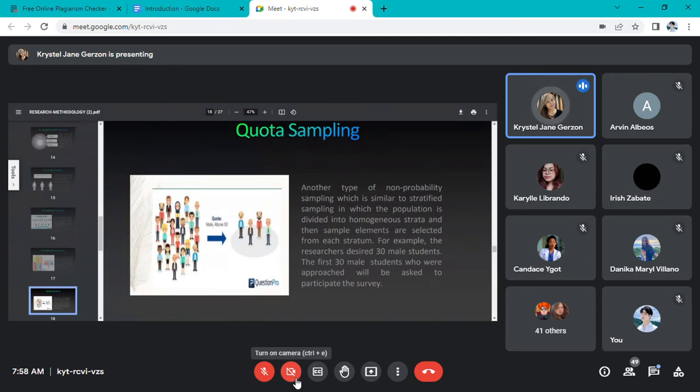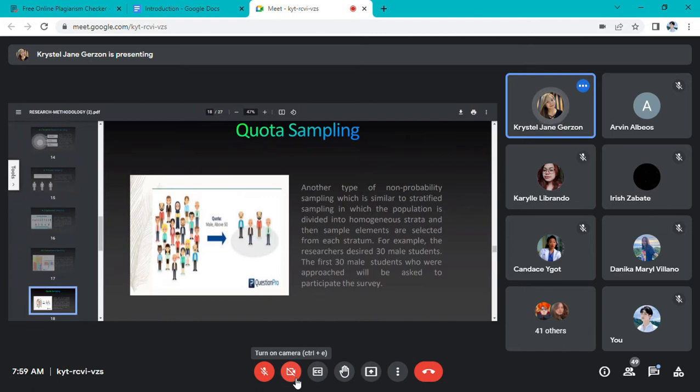So it is similar to stratified random sampling in a sense that you will be grouping the respondents. For example, you need to get 20 respondents from the academic track. Once you have reached 20 respondents from the academic track, you have already reached your quota.